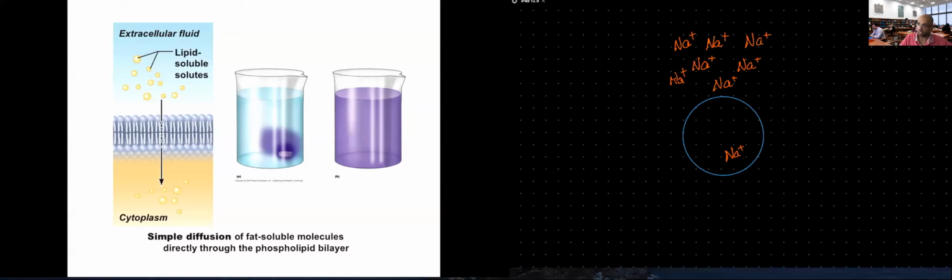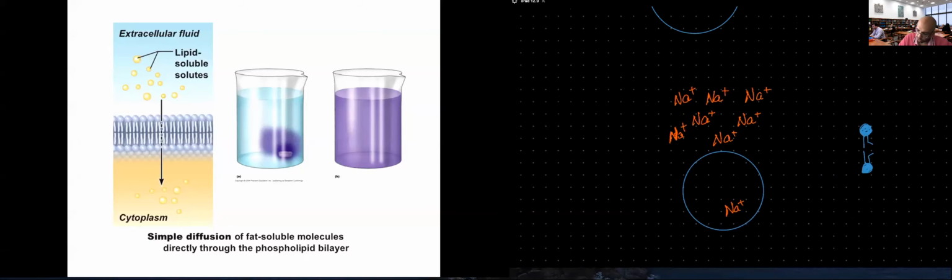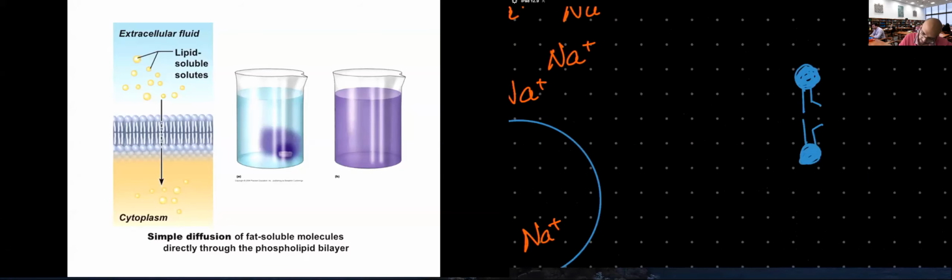Would you be able to allow this sodium to travel to the inside of your cell, passing through the phospholipid bilayer? Can this sodium travel through the phospholipid bilayer? No. Why? Because remember, the phospholipid bilayer has a hydrophobic part. It doesn't allow water-soluble substances to travel. So what will I do with this sodium? You can't get it in. It can't move in on its own.